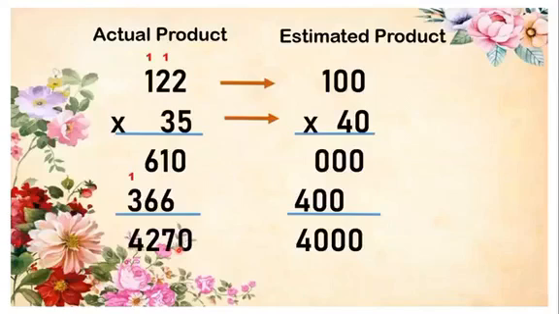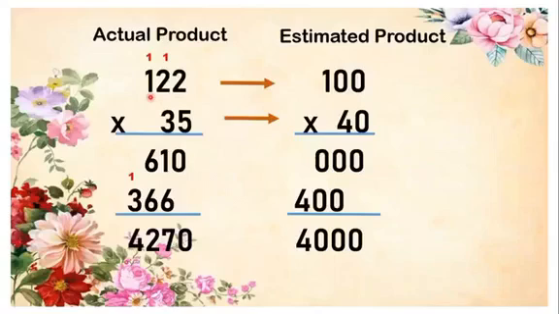Now let's go to the estimated product. First rule is to round off the multiplicand and the multiplier to the highest place value. Then multiply the rounded numbers. In 122, the highest place value is hundreds.